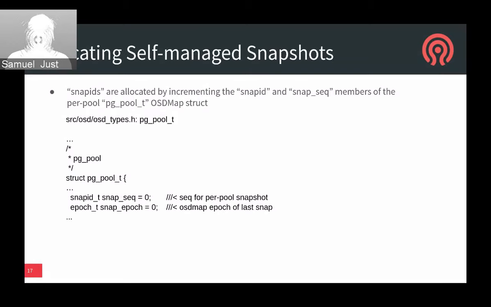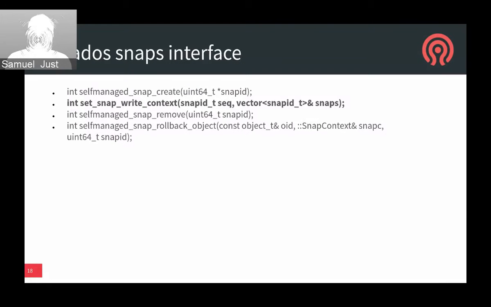The OSD map, pg_pool_t structure, has a snap sequence and a snap epoch that track the most recent snap sequence number given out and ensure that we don't give out the same one twice. So every time you create one of these snapshots, we get a monitor commit that updates the maximum, and you get back the result. But at this point, no actual objects exist with that snapshot sequence number, and nothing actually has happened. Other than that, the monitor will never give out that number a second time.